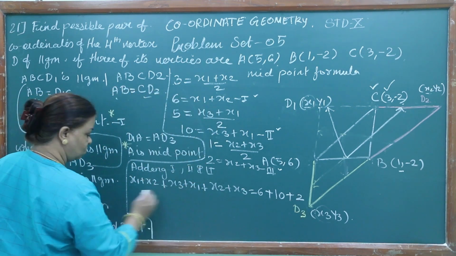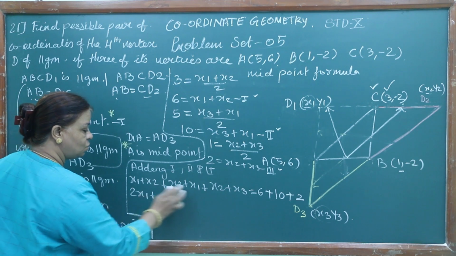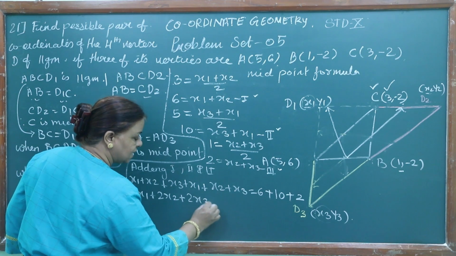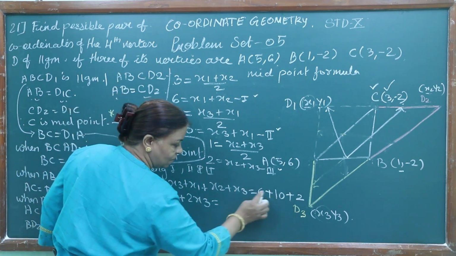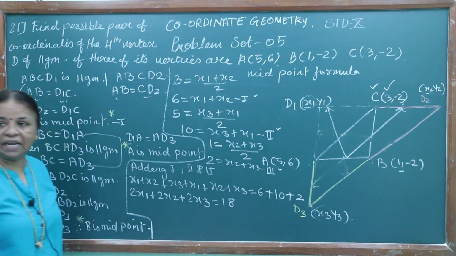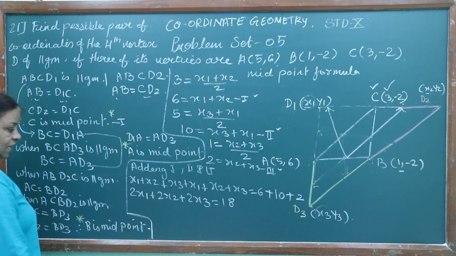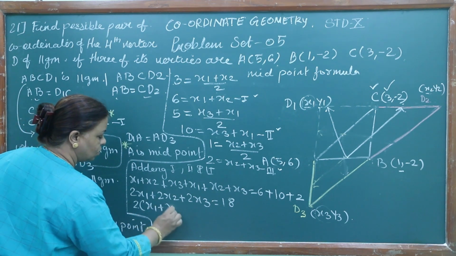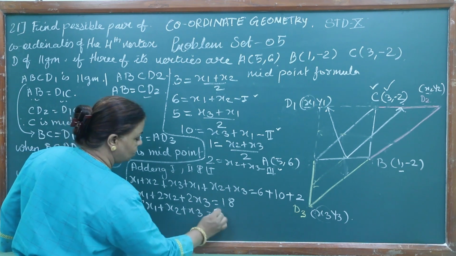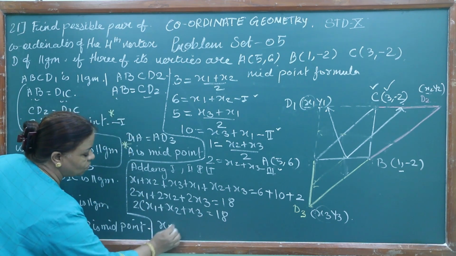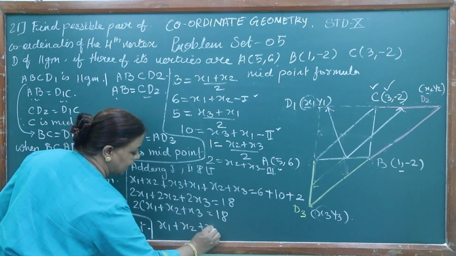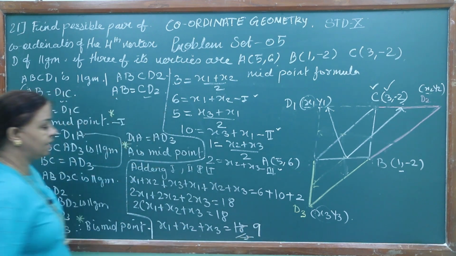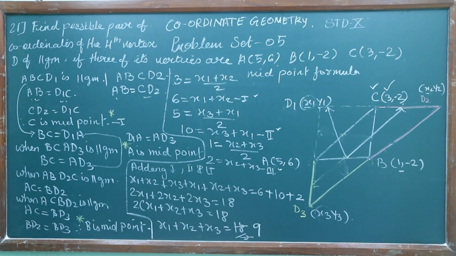That would be x1 and x1, 2x1, plus x2 and x2, 2x2, plus x3 and x3, 2x3 is equal to 12 plus 6, 18. So I will take 2 common and I will be getting 2 in the bracket, (x1 plus x2 plus x3) is equal to 18. So I will get x1 plus x2 plus x3 is equal to 18 upon 2. 2 9s are 18. So I get x1 plus x2 plus x3 as 9.